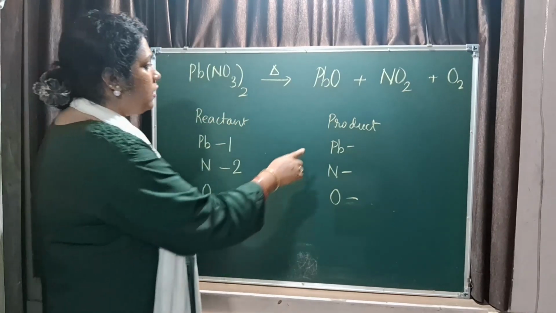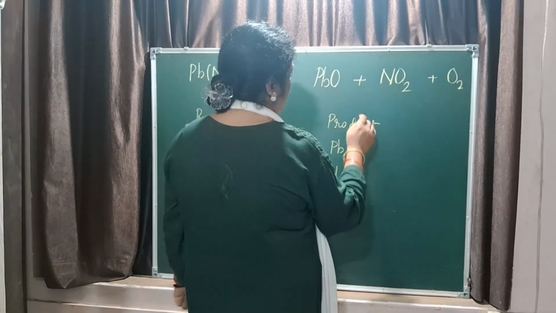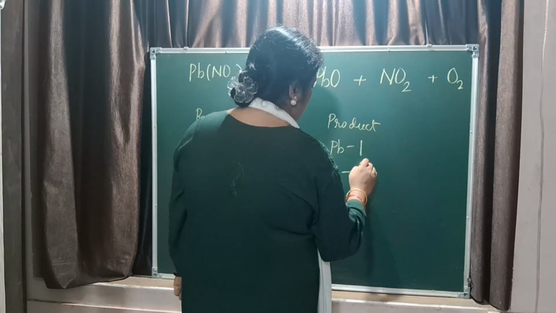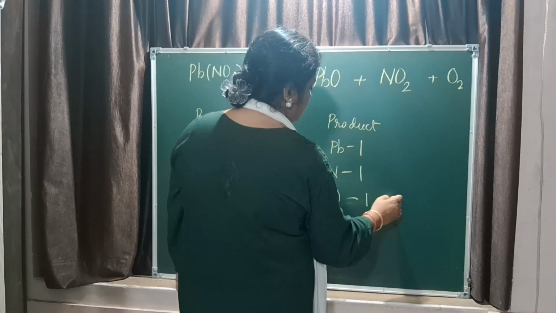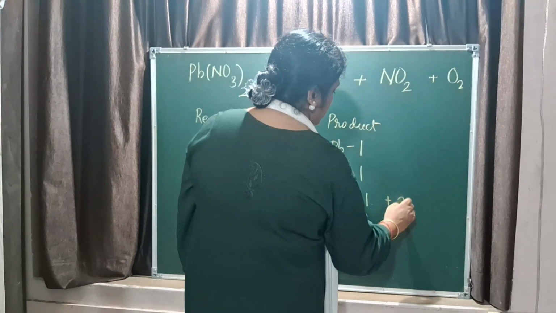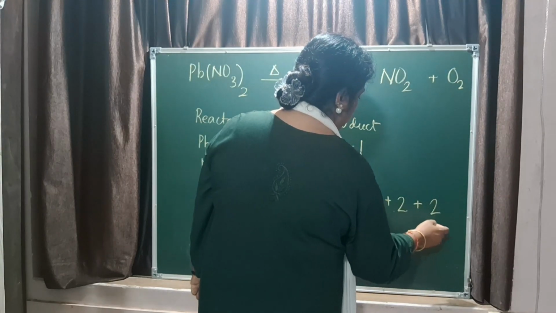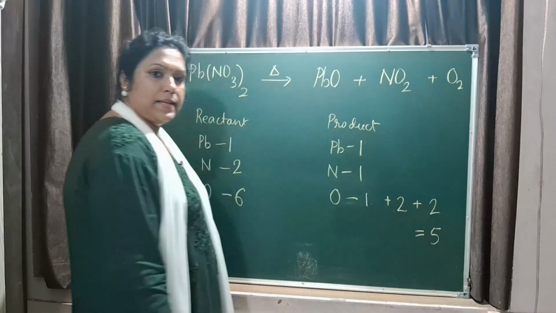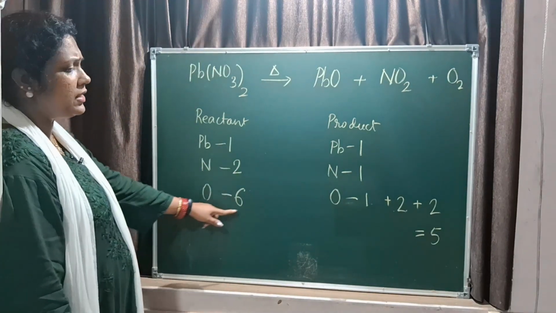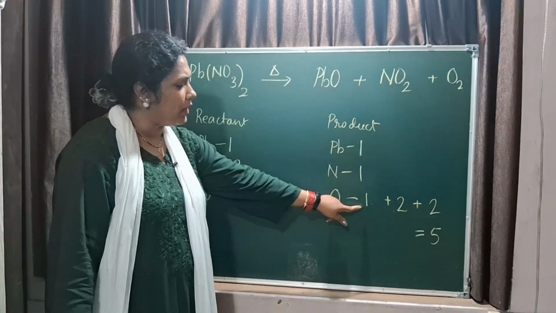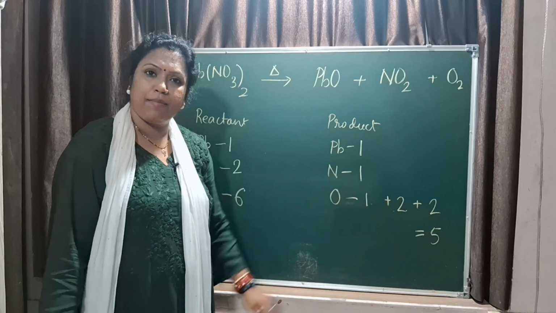Understood? Here on the product side lead is 1, nitrogen is also 1, oxygen is 1 in the first, 2 in the second and 2 in the third, total it is 5. Is that clear? Now here is 6, here is 5. If this 1 becomes 2, I will have balanced oxygen.